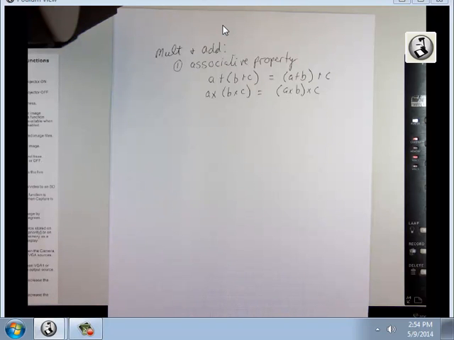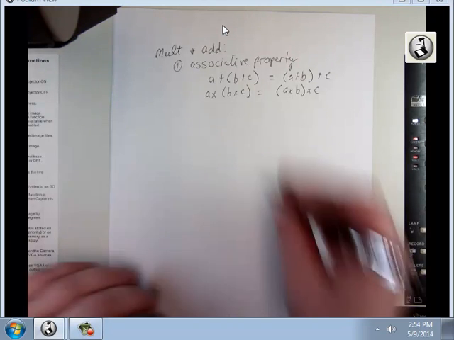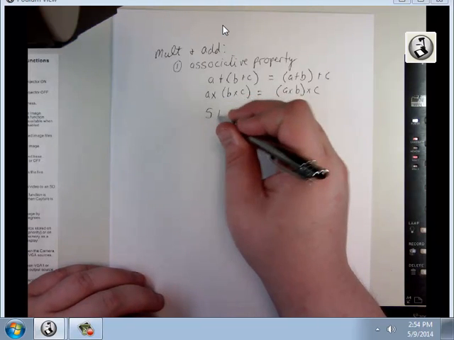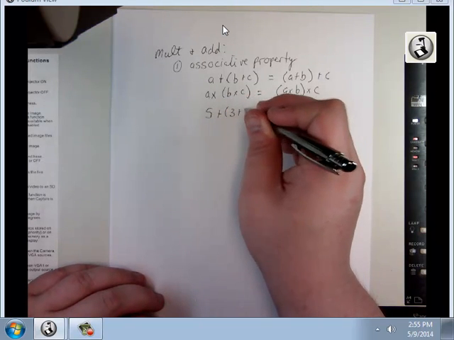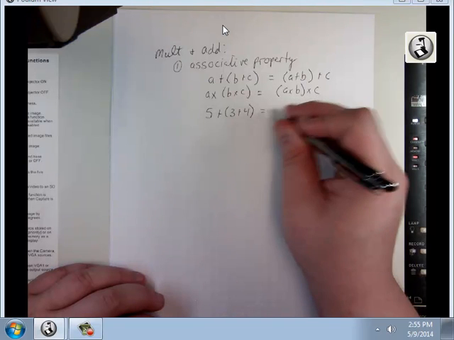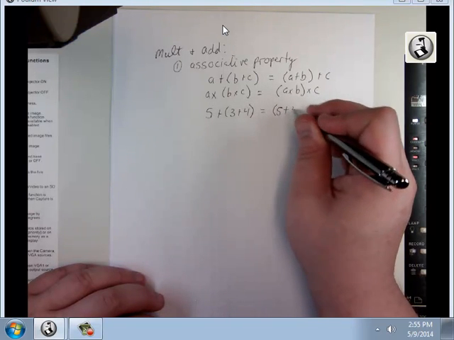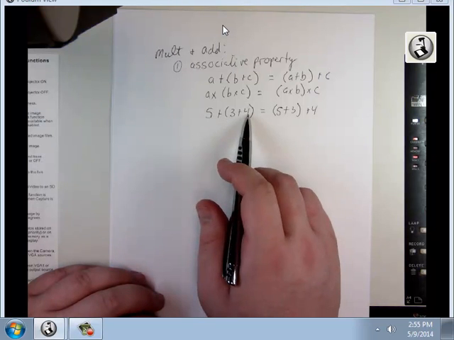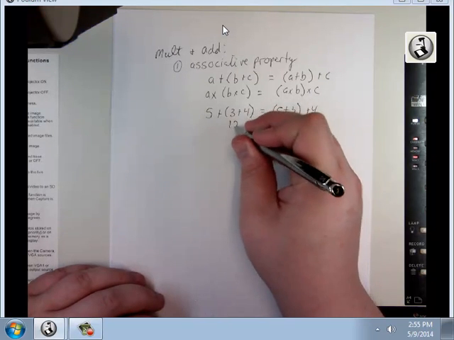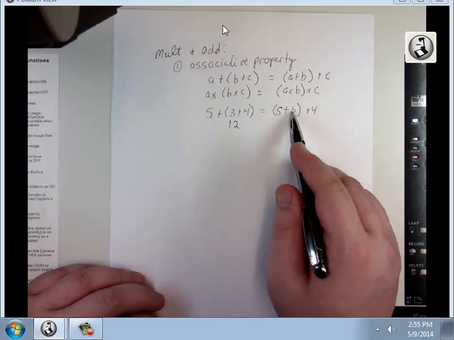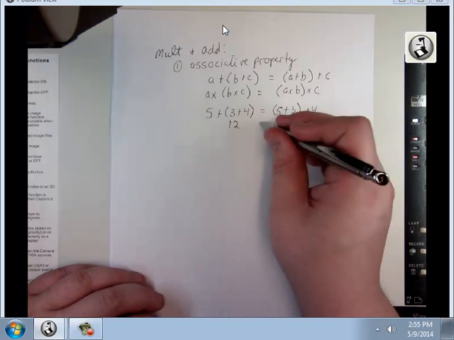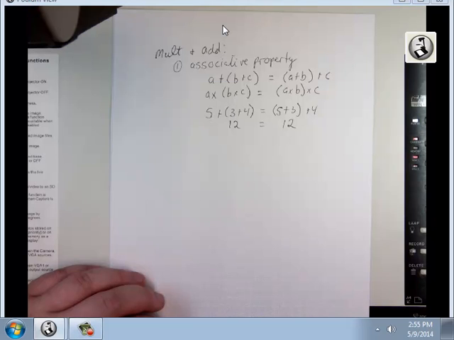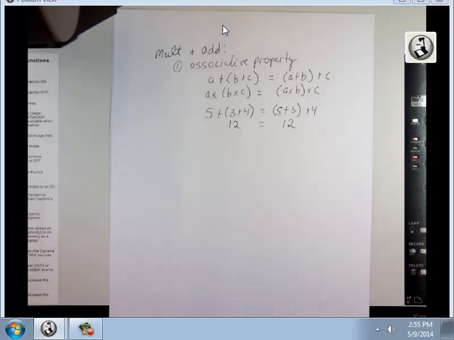So just as an example, 5 plus 3 plus 4 equals 5 plus 3 plus 4. 3 plus 4 is 7. Plus 5 is 12. 5 plus 3 is 8. 8 and 4 is 12. Alright, so that's the associative property.